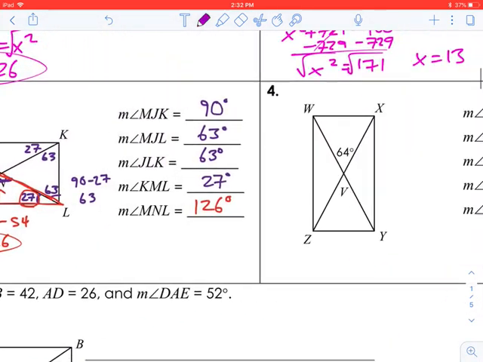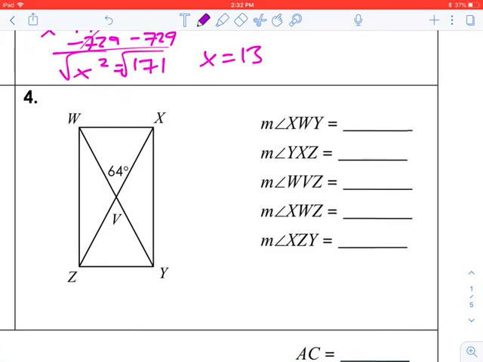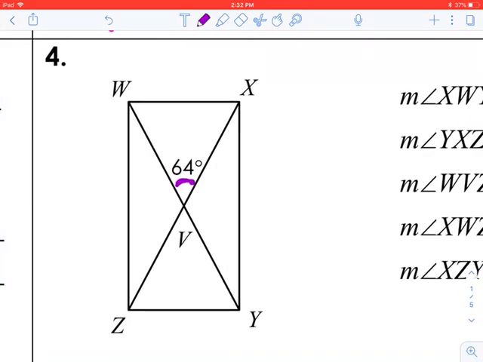Okay. So same thing here. This is 64. So if that's 64, these two have to be whatever's left out of 180. Well, 180 minus 64 is going to be 116. And so if it's 116 for two angles, you got to divide that by 2, and that's 58.